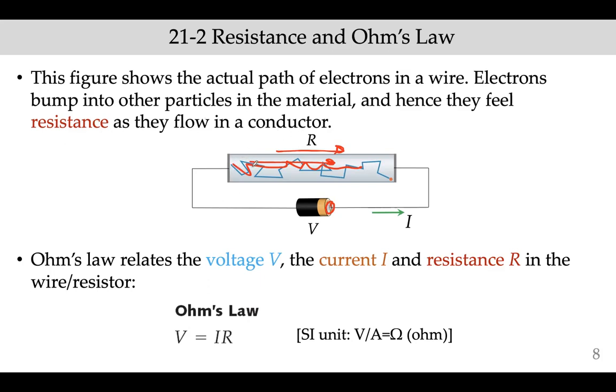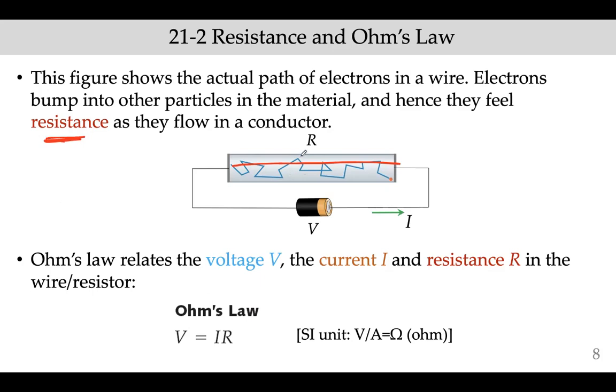If these collisions were not there, if the electron did not collide with the atoms, it would just go straight, and it would be able to go straight quickly. But because of these collisions, the electron still moves forward, but it takes some time. So it feels some resistance.